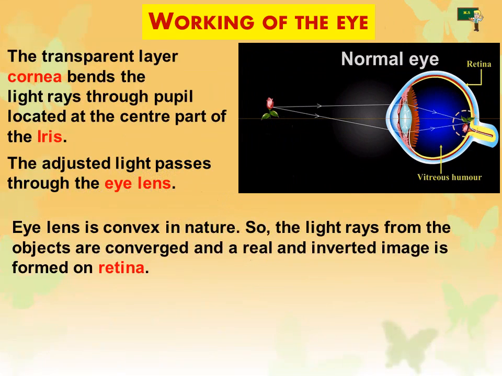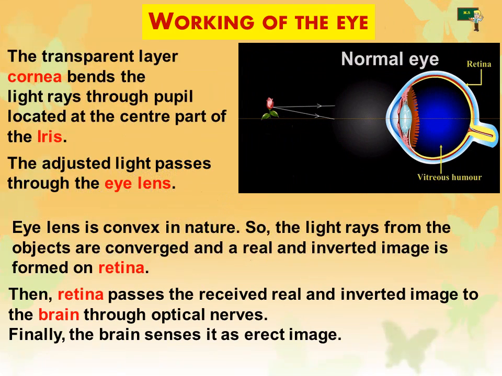So the light rays from the object are converged and a real and inverted image is formed on the retina. Then the retina passes the received real and inverted image to the brain through the optic nerves. Finally, the brain senses it as an erect image.